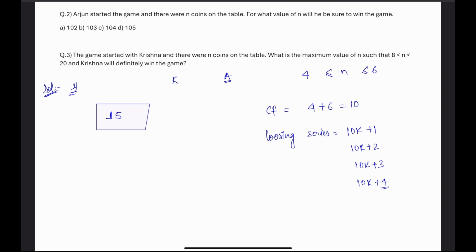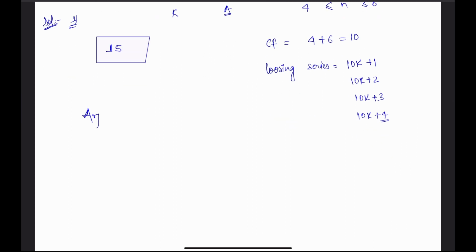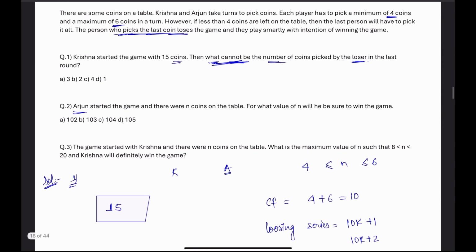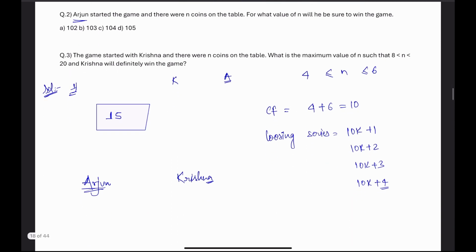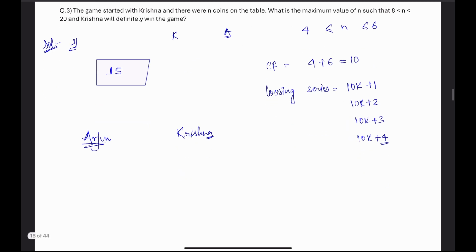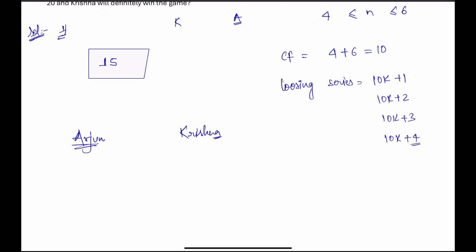Okay, so if it is Arjun and Krishna, and Arjun started the game, and it is being said that Arjun will strategize, he will use a strategy such that he should win.